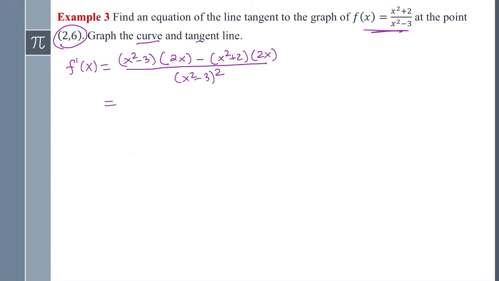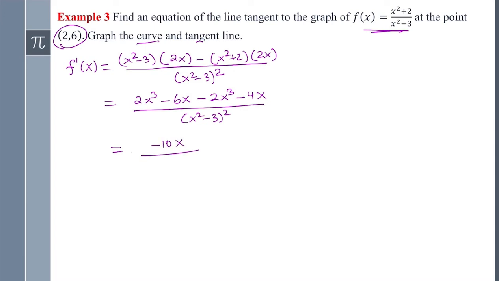Now if we simplify this, we get 2x cubed minus 6x minus 2x cubed minus 4x divided by x squared minus 3 squared. So 2x cubed minus 2x cubed is 0, so negative 6x minus 4x is negative 10x divided by x squared minus 3 squared. Okay, now that's the derivative.